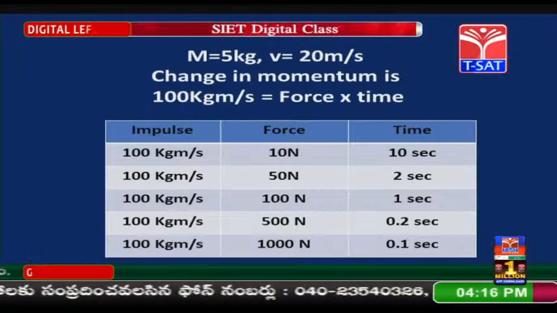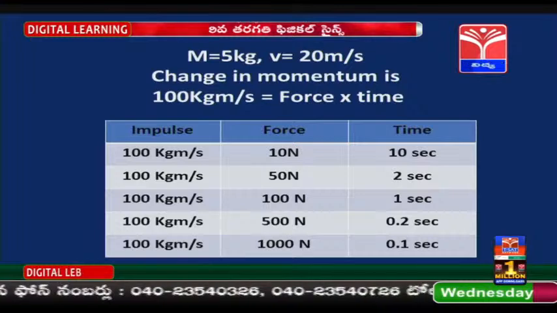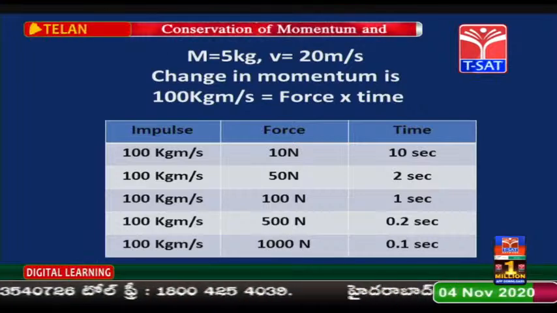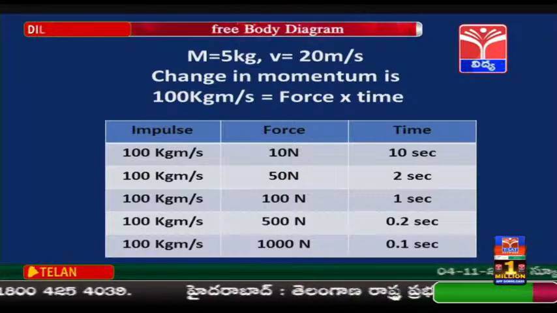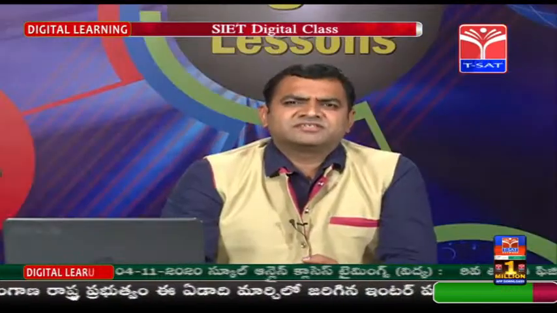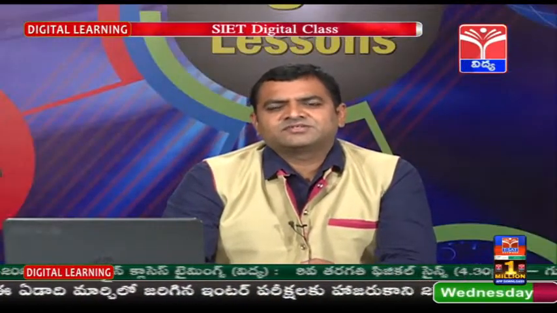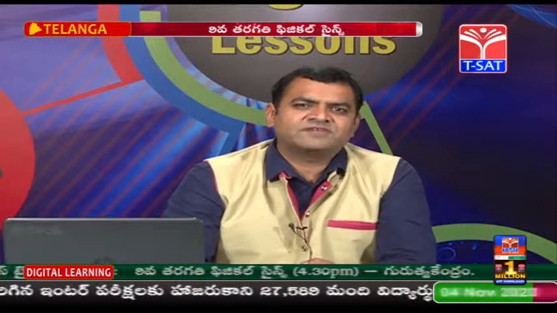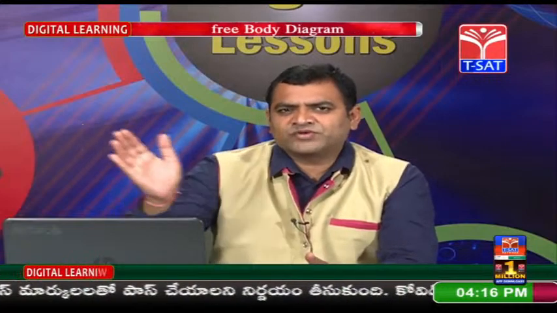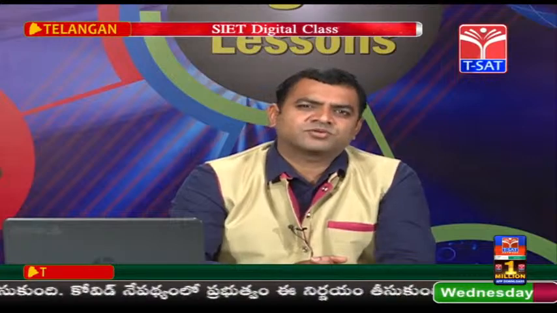In case if we apply 500 Newton, then the object would stop in just 0.2 seconds. In case if we apply 1000 Newton, the time taken would be 0.1 second. Children, we have seen that to stop an object quickly, we have to apply a greater force. That means, if an object which is moving has to stop, a greater force has to be applied in order to stop it quickly.